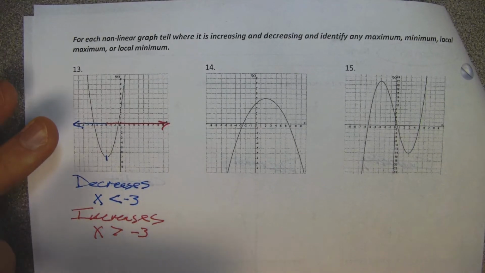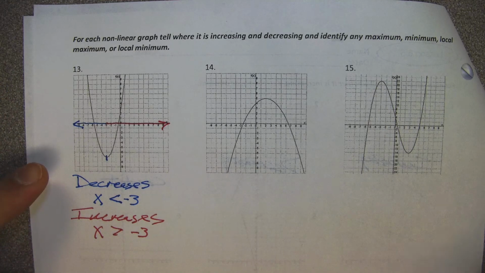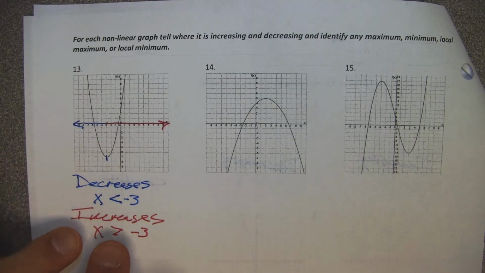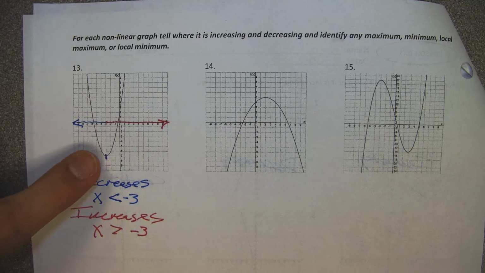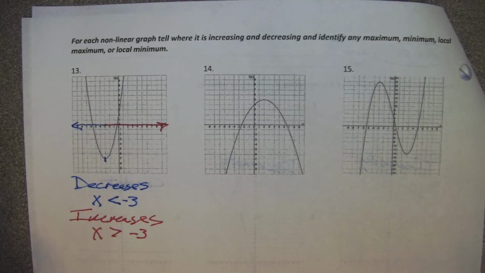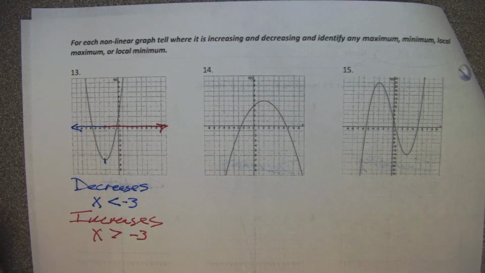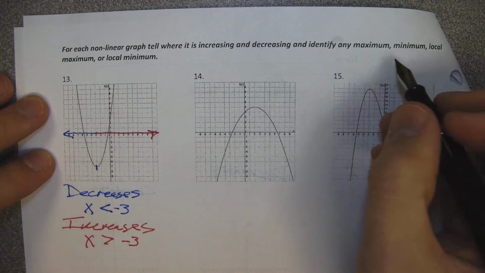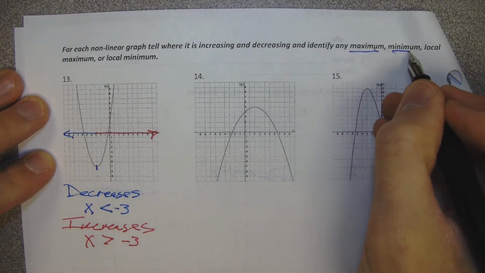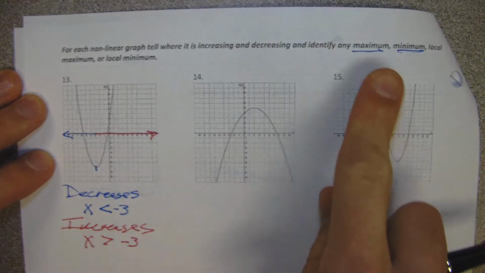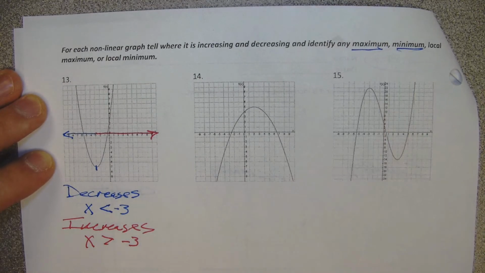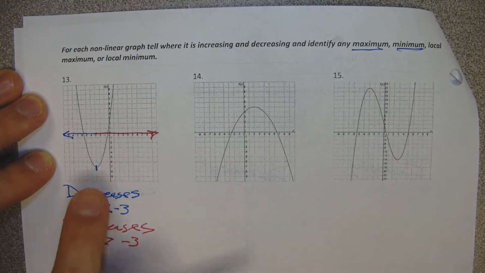All right? So that begs the question. We've talked about everything that's less than -3, everything that's greater than -3. Well, what's so special about -3? Okay, well, here's the beauty of nonlinear functions. They have what we can call a maximum point or a minimum point. In other words, the highest point it will go or the lowest point that it will go. In this graph's case, it has a low spot.